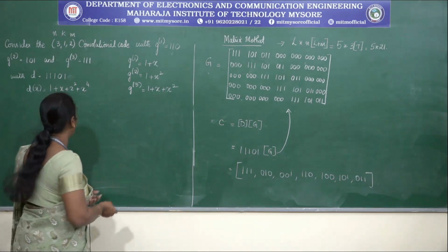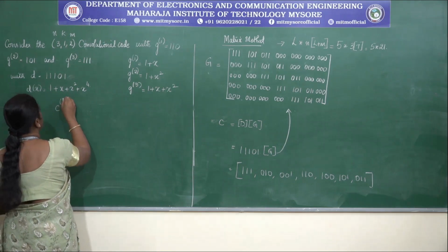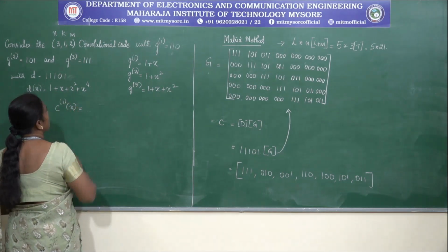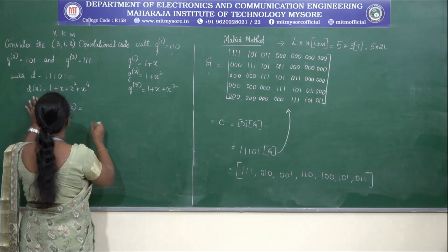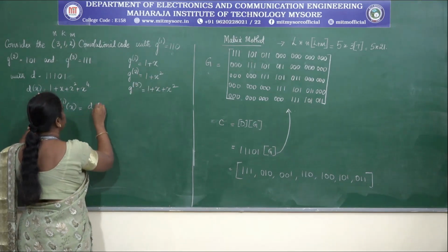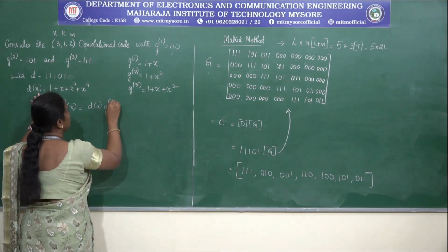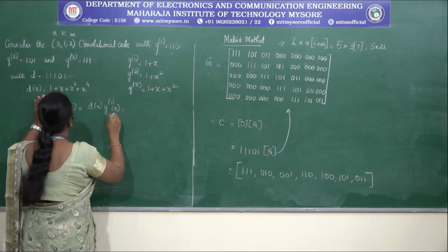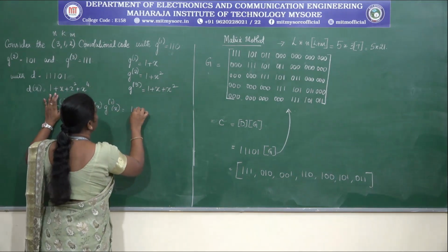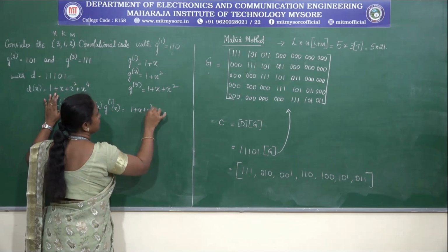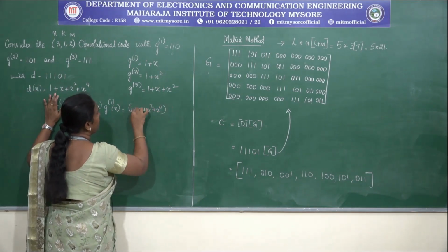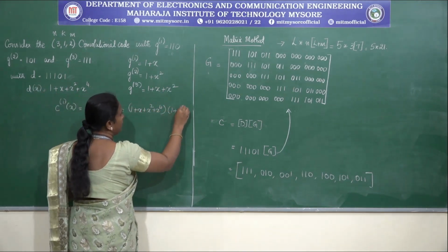That means we have 3 outputs. So we need to find what is your C1 of x. So C1 of x means it is D of x into G1 of x. So it is 1 plus x square plus x to the power of 4 multiplied by 1 plus x.